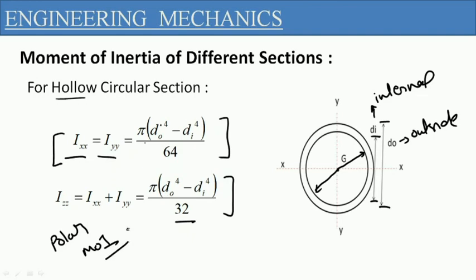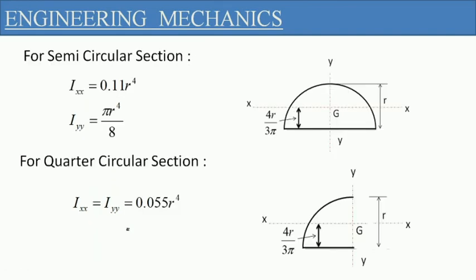Now here, if we want to define the moment of inertia about x-axis and y-axis for semicircular section, this is our semicircular section and here we have the diameter. One more dimension we are considering is the radius of this semicircle.